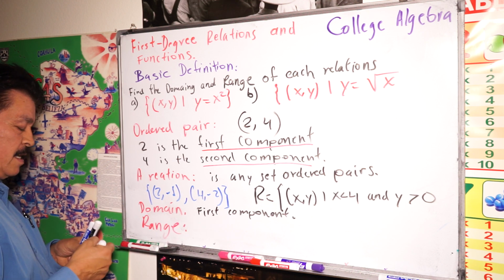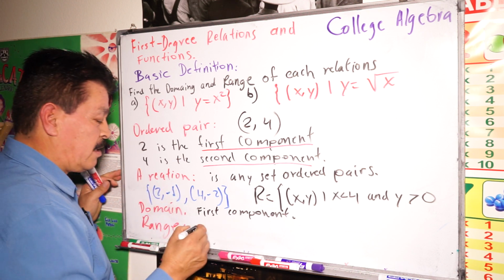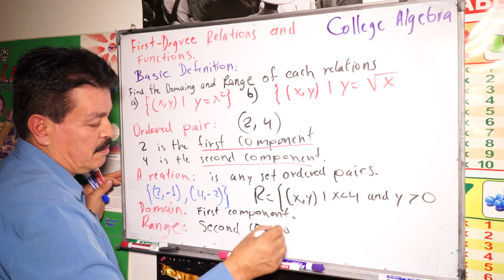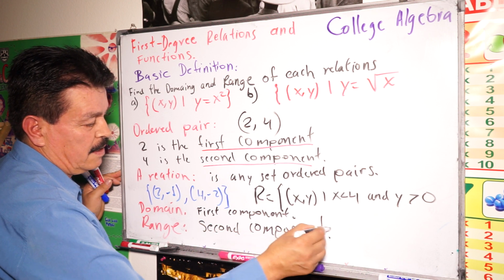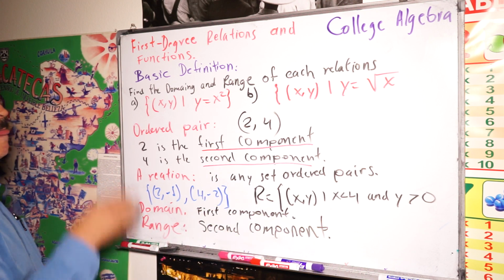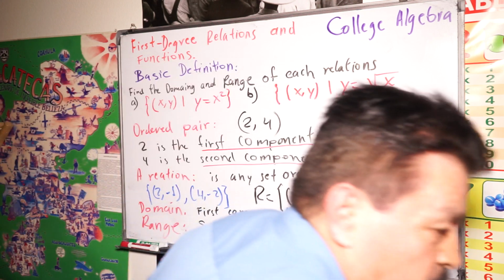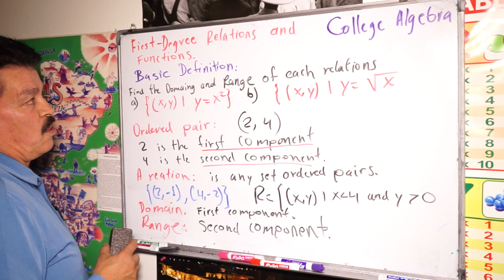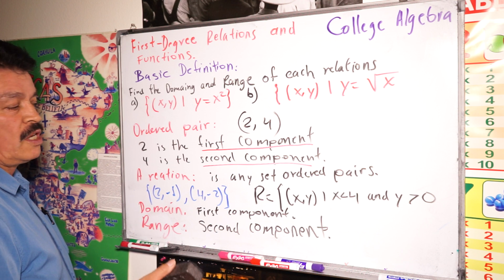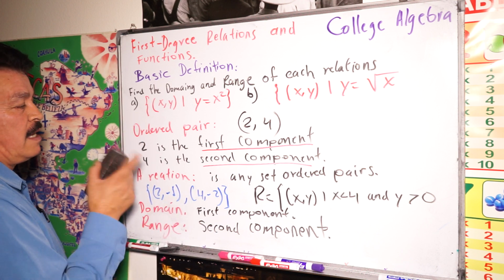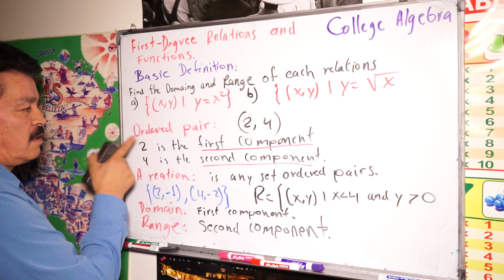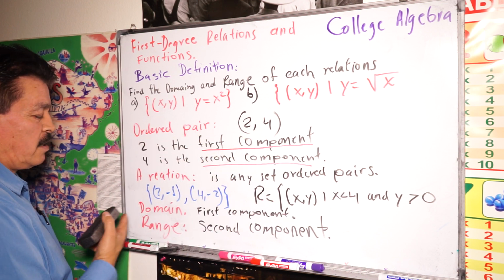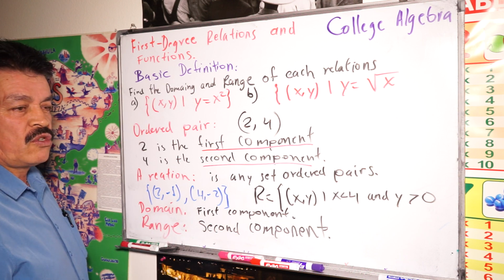The range is the second component. That's very important. Remember these concepts, because when you work with relations or functions, you must be able to see the difference between ordered pairs, relation, domain, range, and also function.